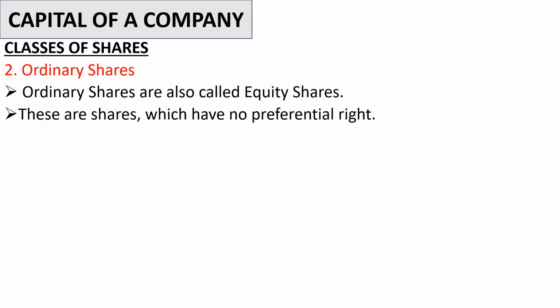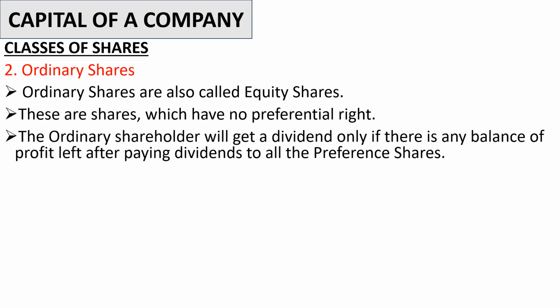Now the ordinary shareholders will get a dividend only if there is any balance of profit left after paying dividends to all the preference shareholders.